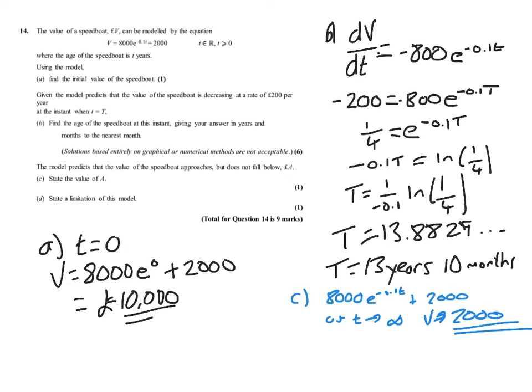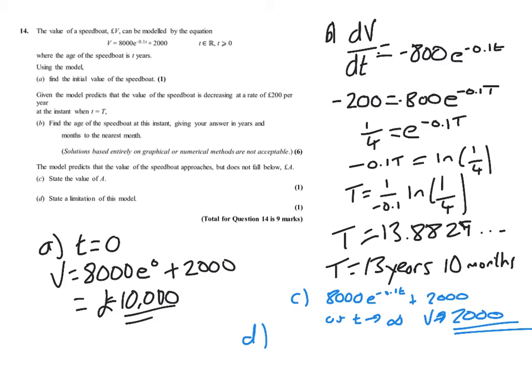The reason being, as t gets really, really big, you get e to the negative of a really big number. That gets really small, very, very close to 0. So 8,000 times a number close to 0, and 2,000. So it will never go below 2,000. It's always going to approach 2,000.